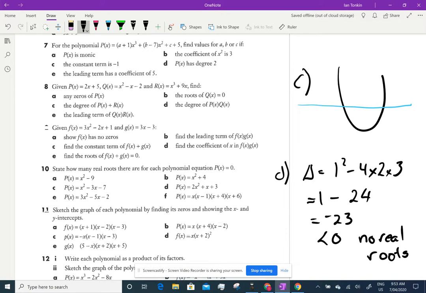You don't need to do it for E because you know it's a positive parabola and the y-intercept is -2, so it has two real roots. And this one, because it's written in factorised form, that's a root, that's a root, that's a root, and that's a root. That one has 4.